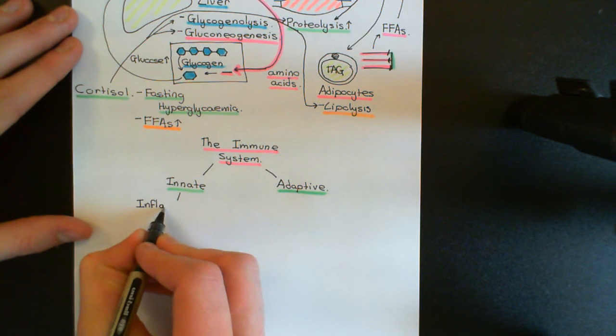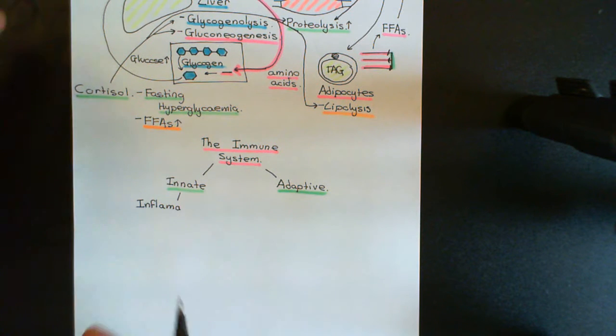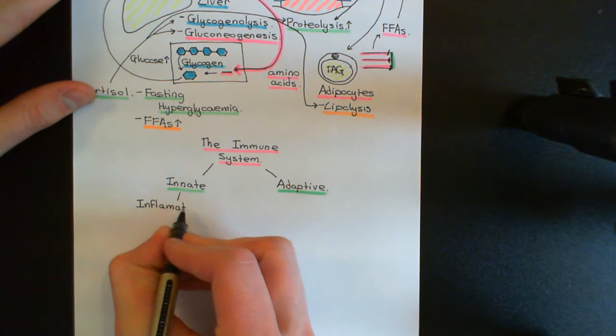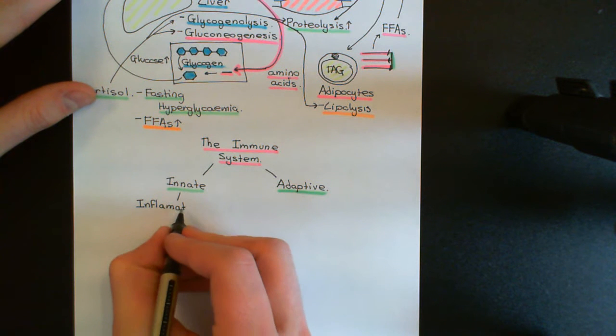This is the major component of the innate immune system. Of course, the mucociliary escalator is extremely important in keeping your lungs free of pathogens, and the low pH of the stomach is extremely important in keeping the stomach free of pathogens, but we'll focus in on talking about the inflammatory response as the major component of the innate immune system.